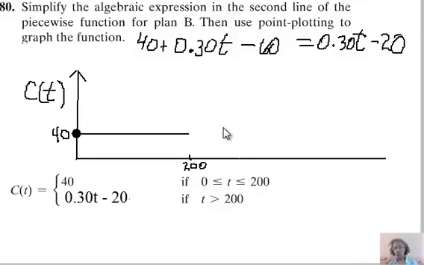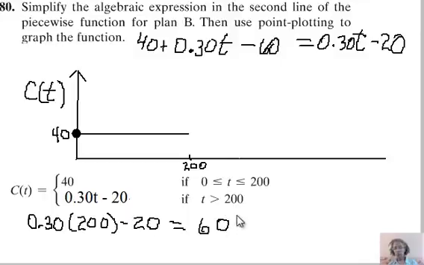And so one of the things we need to calculate is the value of 0.30 times 200 minus 20. So that's equal to 60 minus 20, which is 40.